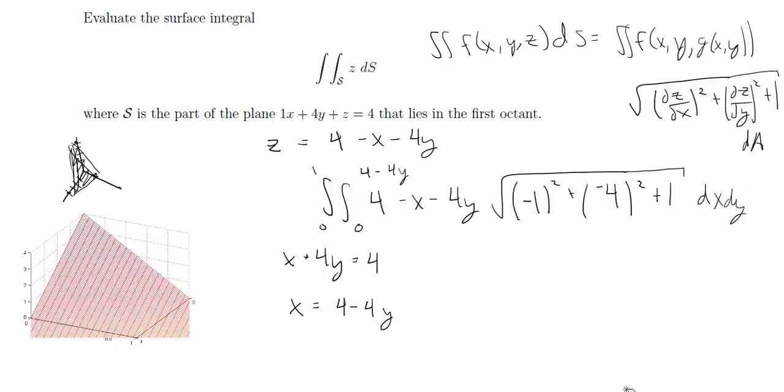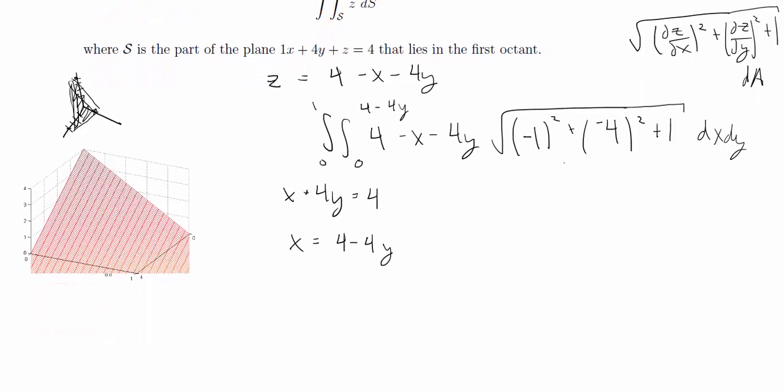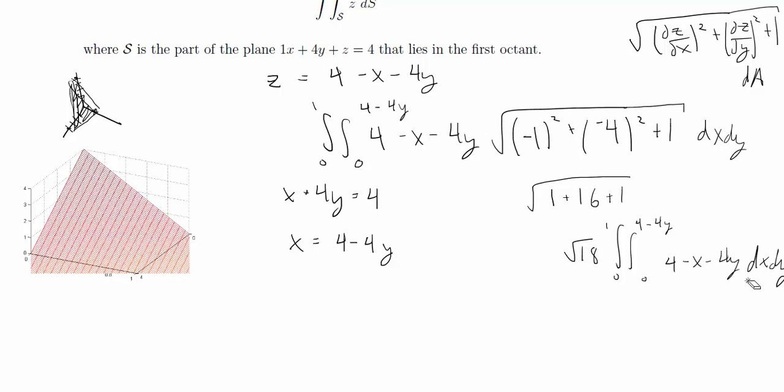Okay, so then let's just solve the double integral. That's going to be 1 plus 16 plus 1, so that's going to be the square root of 18, times the integral from 0 to 1, 0 to 4 minus 4y, of 4 minus x minus 4y dx dy.